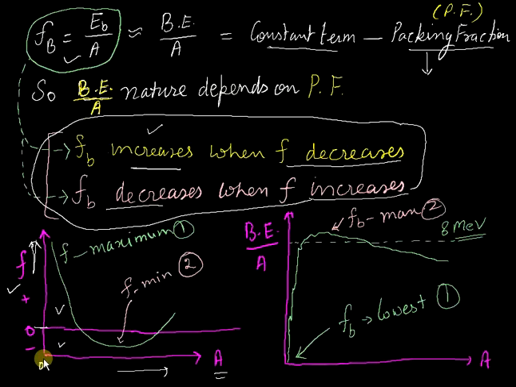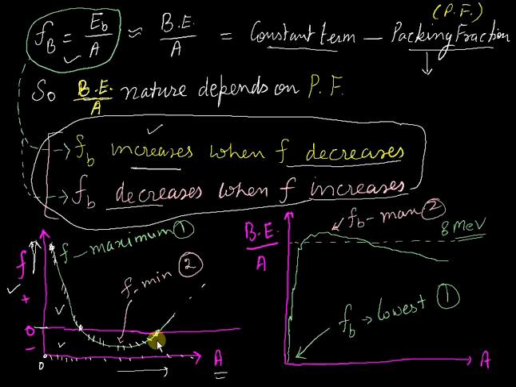So for the lower mass region, this is 0, 1, 2, 3, like this one, 16, 20, 40, 120, 240, like this. For the light mass region, the packing fraction is maximum, and as the mass number increases, at the point of oxygen it becomes 0, and after that it decreases for the intermediate mass region, and then it increases further with the mass number.